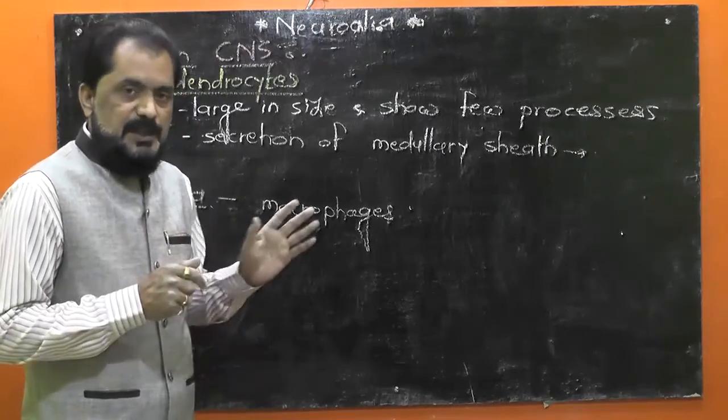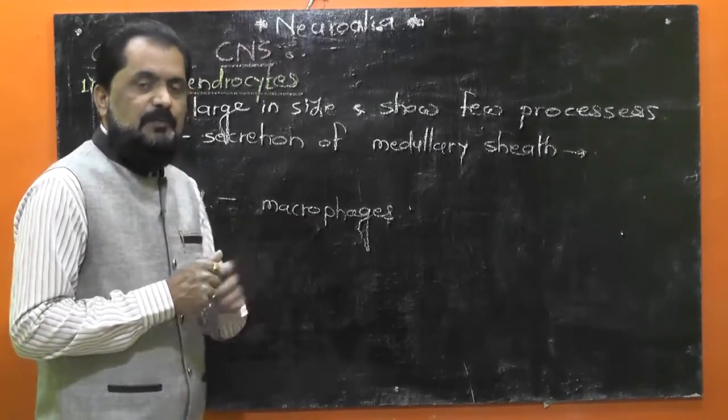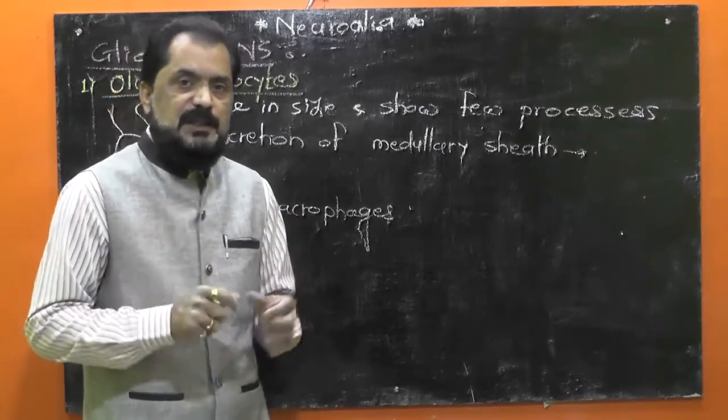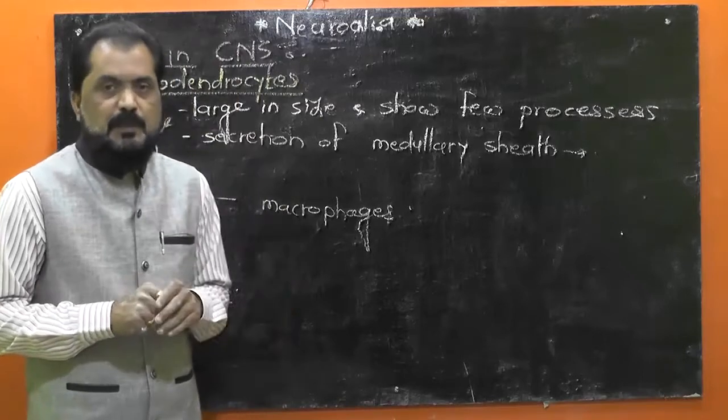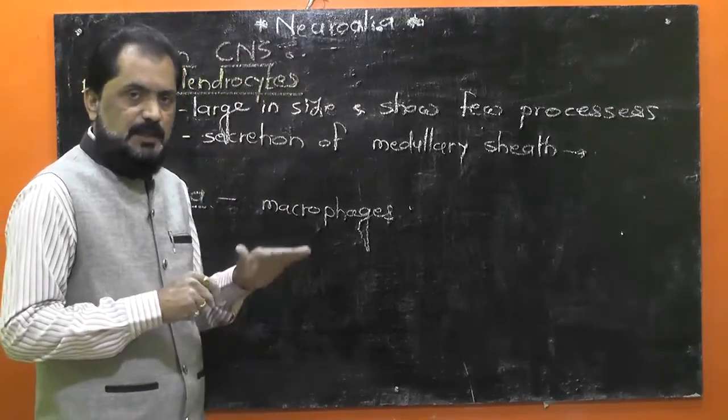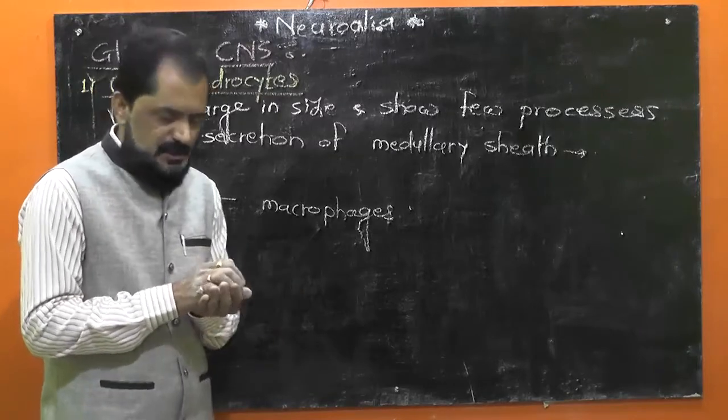Mind well, these astrocytes are the most abundant type of glial cells in brain. ब्रेन मध्ये सगळ्यात जास्त प्रमाणात असणाऱ्या या ग्लियल सेल्स आहेत.